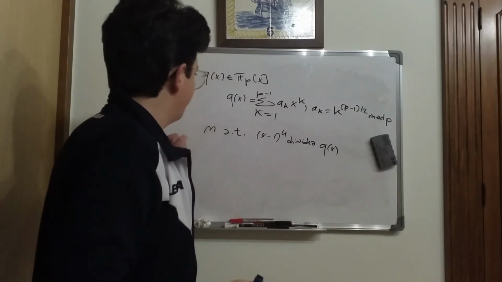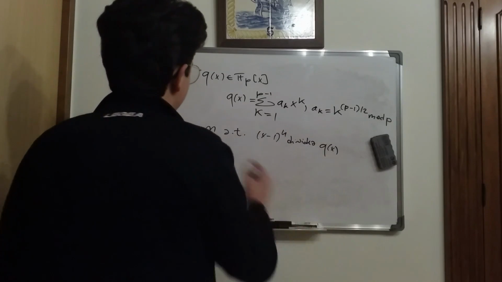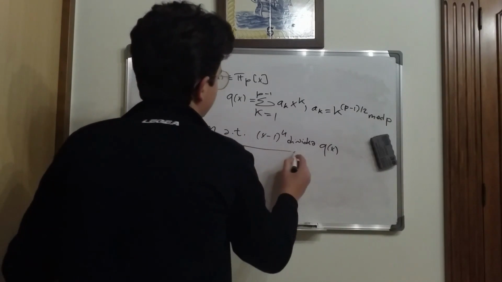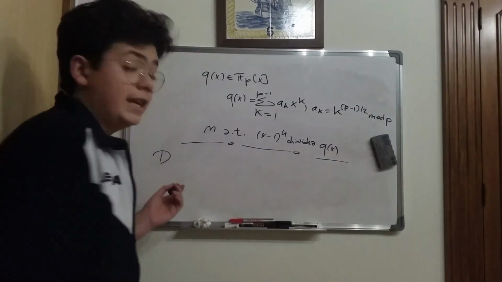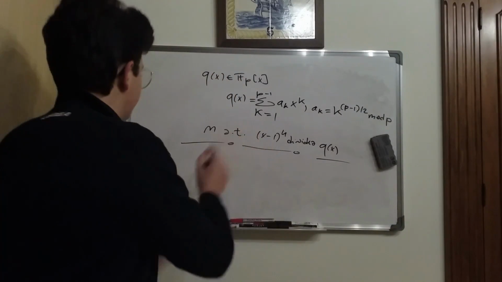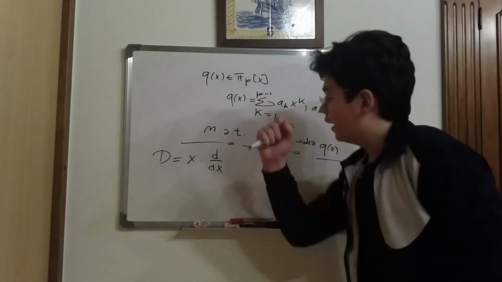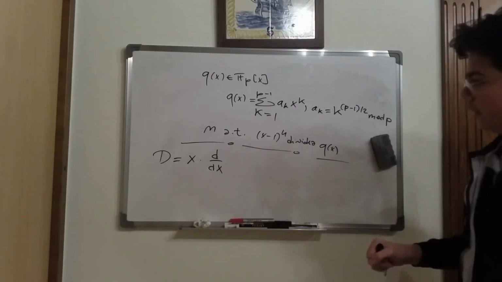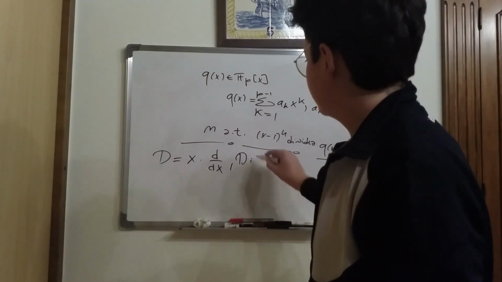So for starters, we can now define an operator D, and this is equal to x times the derivative with respect to x, okay? So we have this. Now, this operator is of this kind.